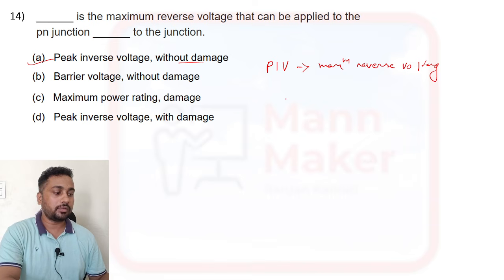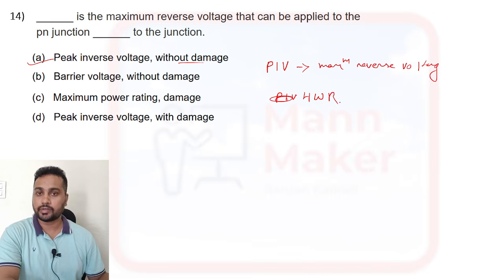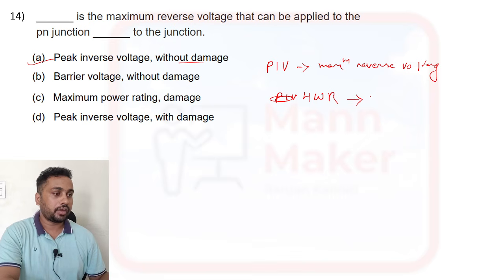And from this PIV you just need to remember, we have half wave rectifier and full wave rectifier. Further, full wave rectifier is divided into two types: center tapped rectifier and bridge rectifier. For half wave rectifier, this PIV is equal to VM, that is maximum voltage.